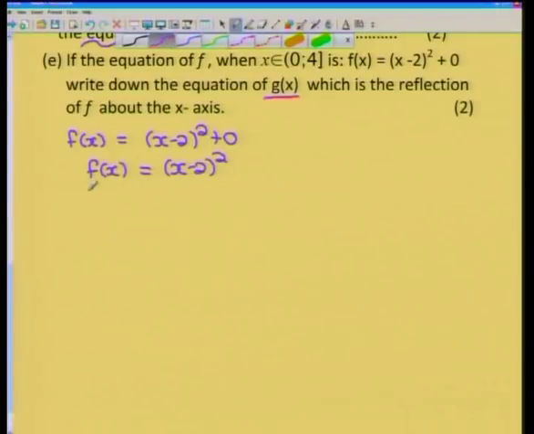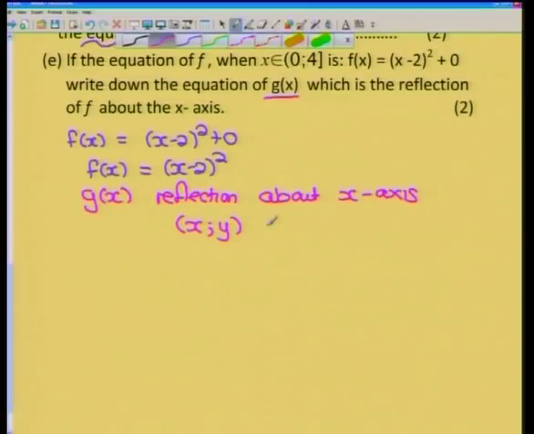So let's swap pens. We want g of x, which is the reflection about the x-axis. Do you remember the rule we quickly summarized at the beginning of this session? We talked about if it's about the x-axis, the sign of y changes. So that's what will happen.